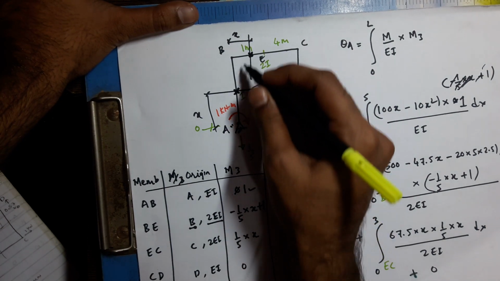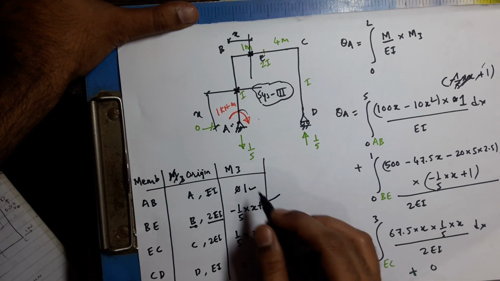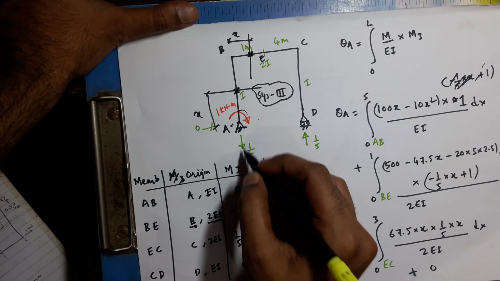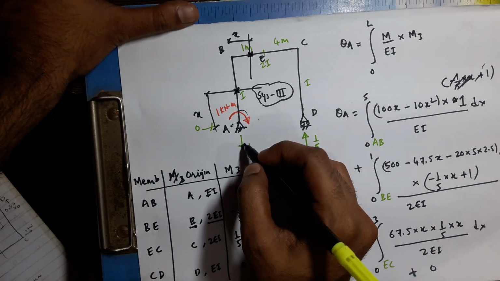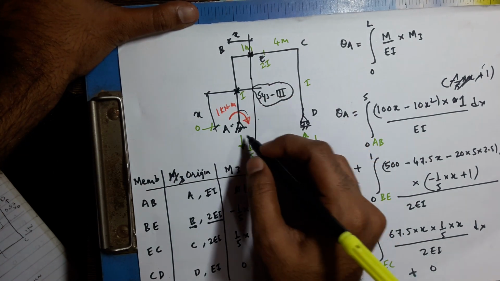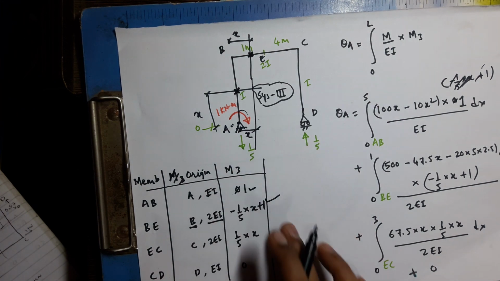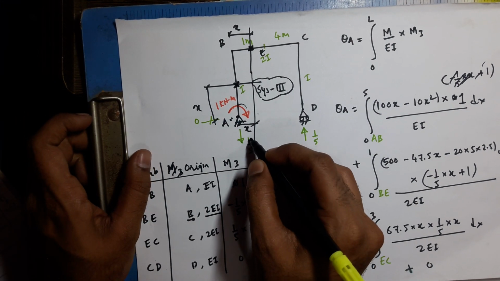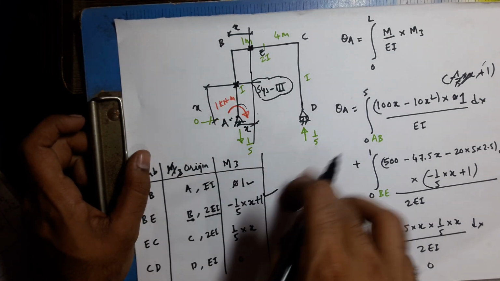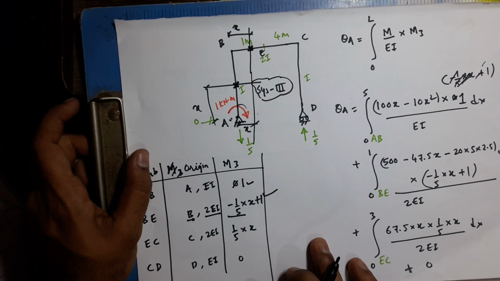When I go from here to here, I get a moment 1, which is clockwise, and I take it as positive. You also have this reaction, which is downward, and the perpendicular distance with respect to this point is x. This will create an anti-clockwise moment, 1 divided by 5 into x. Since it is creating an anti-clockwise moment, I have taken it as negative.